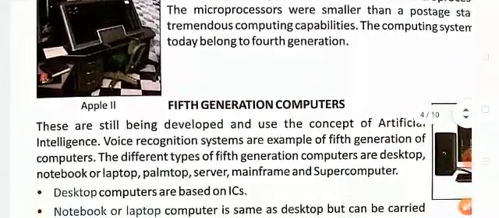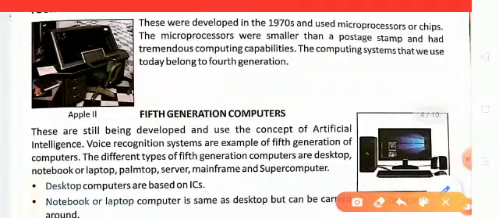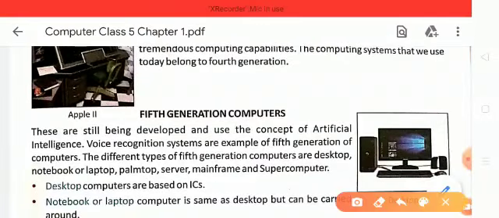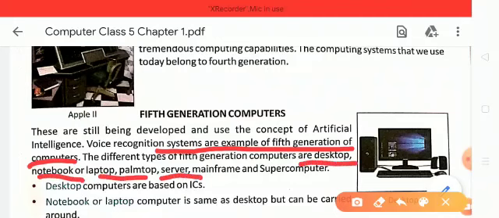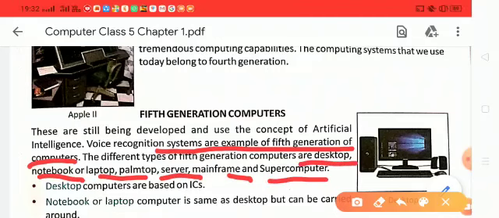Now, fifth generation computers. These are still being developed and use the concept of artificial intelligence and voice recognition systems. The different types of fifth generation computers are desktop, notebook, laptop, server, mainframes, and supercomputers.